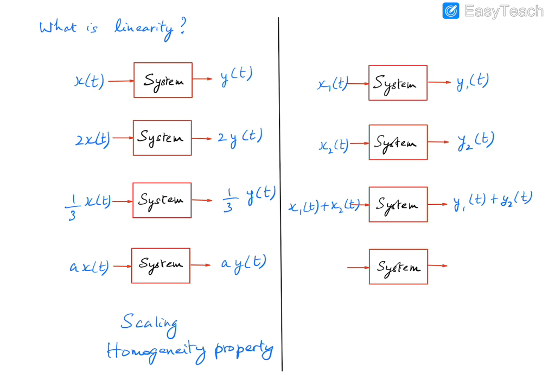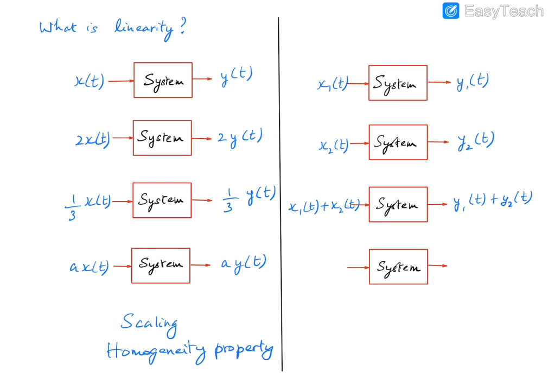When the inputs are being added or combined in some way, the corresponding outputs also get added or combined in the same specific way. So here the x1 and x2 are combined by adding them together. So therefore y1 and y2 are also combined by adding them together. Similarly, we can have scaled addition of x1 and x2.